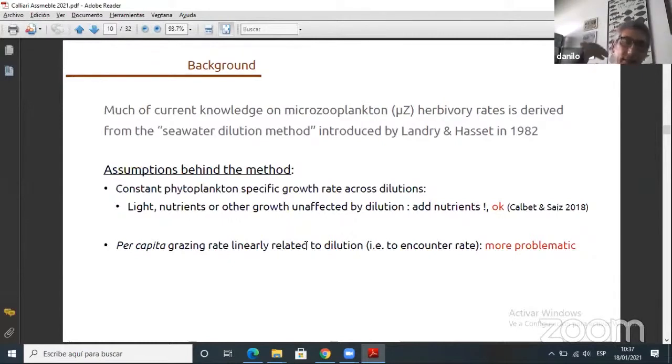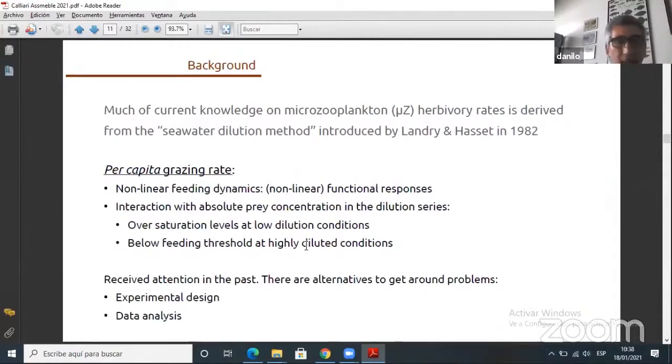And the second big assumption, that is more problematic, is that the per capita grazing rate of the microzooplankton is linearly related to dilution, that is, to the actual encounter rate between predator and prey. As I said, this is quite more problematic and has been dealt with a lot in the literature.